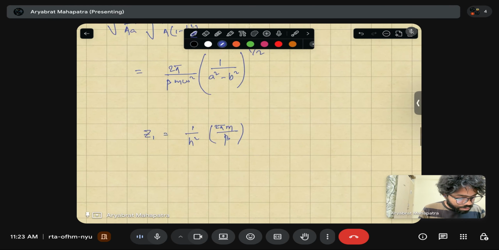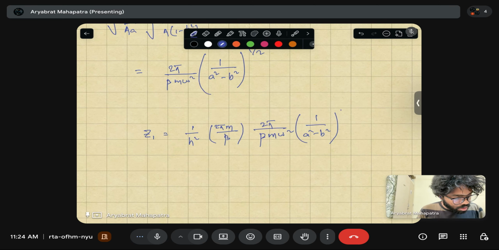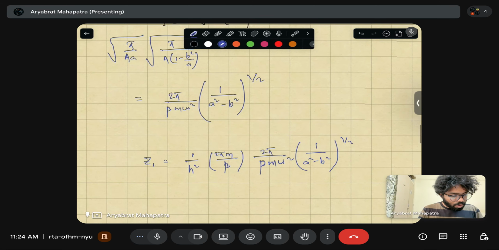Then also you have 2 pi beta m omega square 1 a square minus b square, half power.